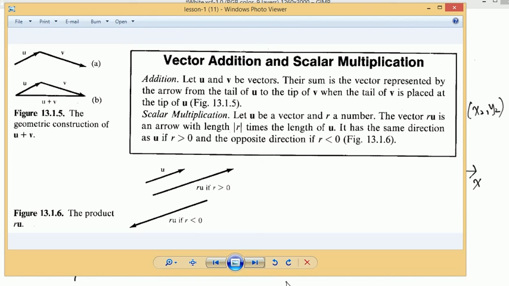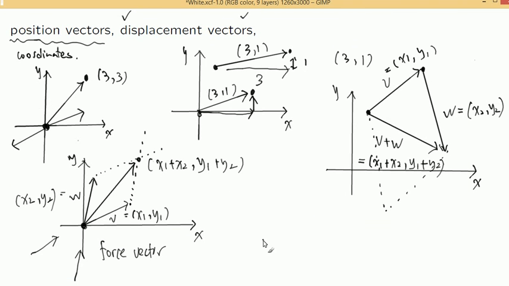Good? Scalar multiplication. What is the meaning of scalar multiplication? If you have a vector in here, v, with x and y, what is 3 times v? That's the scalar multiplication. We define it algebraically, right? The meaning of it is actually stretching this one further to 3 times, right?